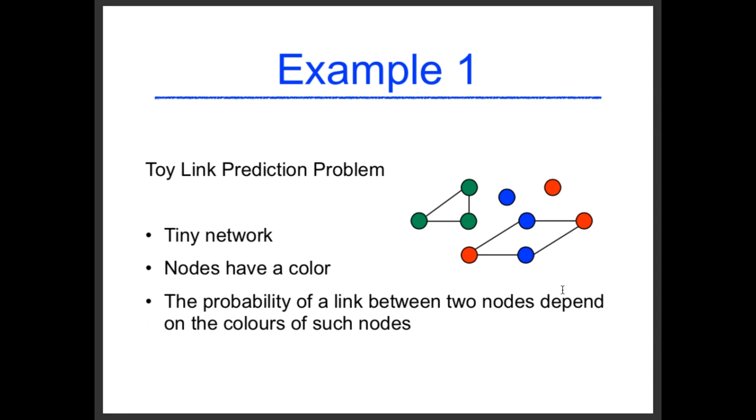That's the first example that you have in your folder, in the zip file that I sent you. It's a link prediction problem. You have a very tiny network where nodes have just one property, which is a color, and you have links, and it happens that the probability of a link between two nodes depends on the colors of the nodes.